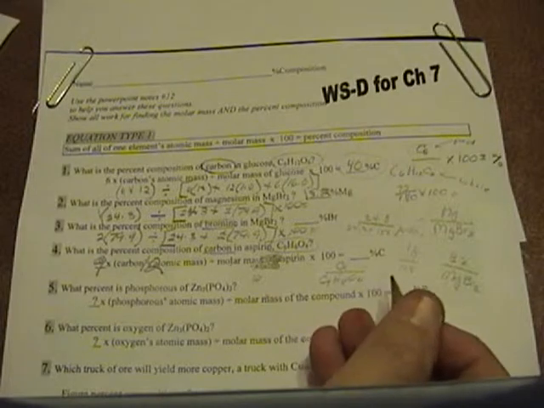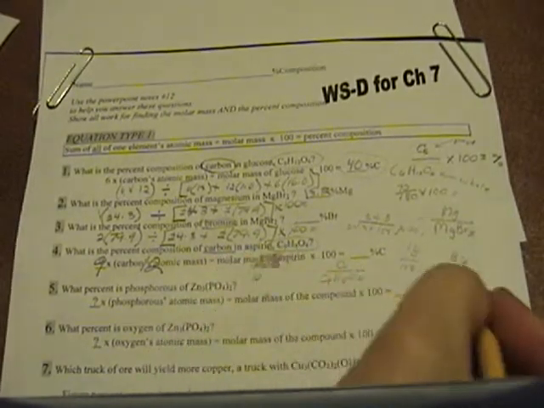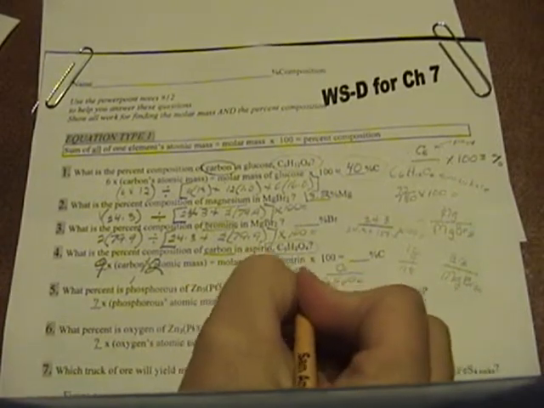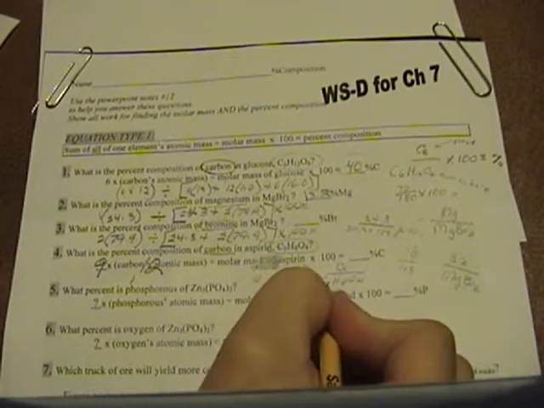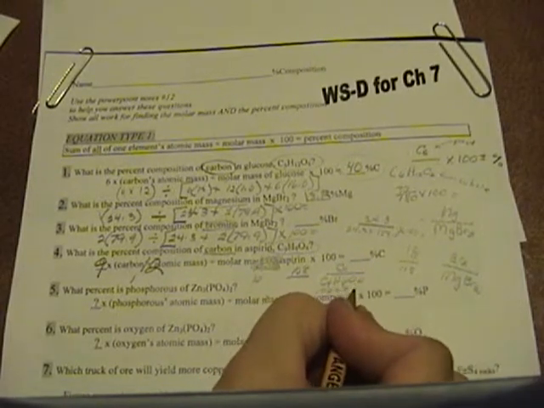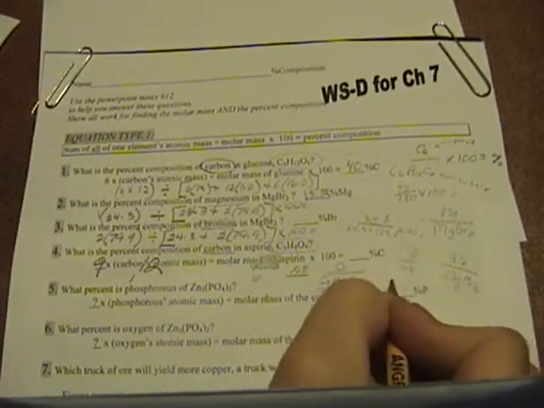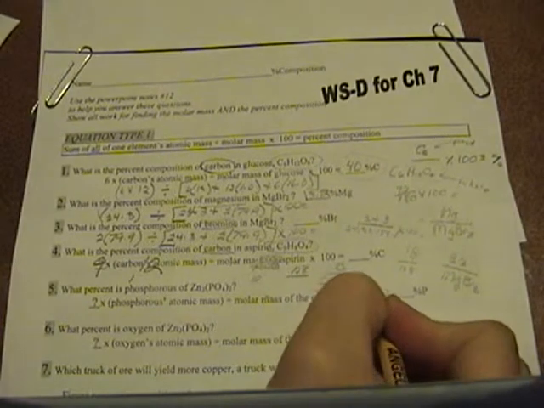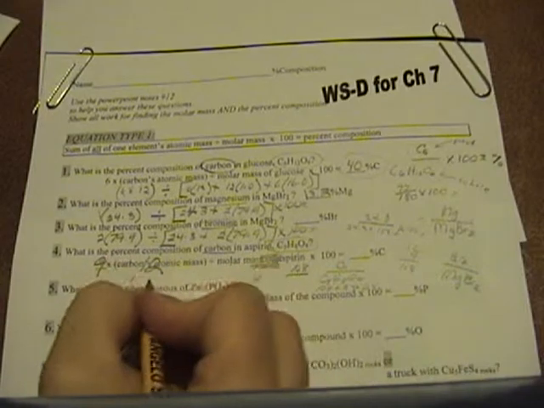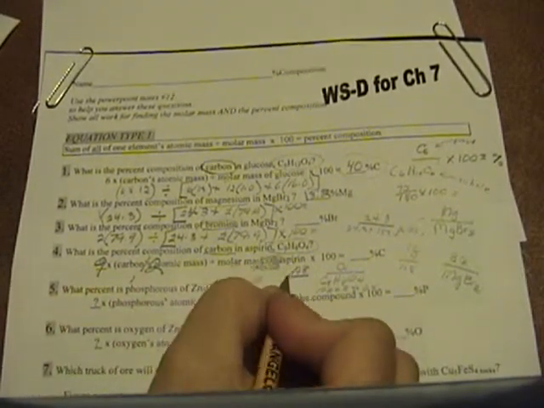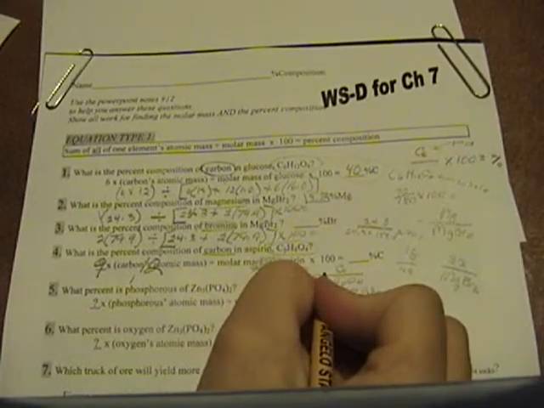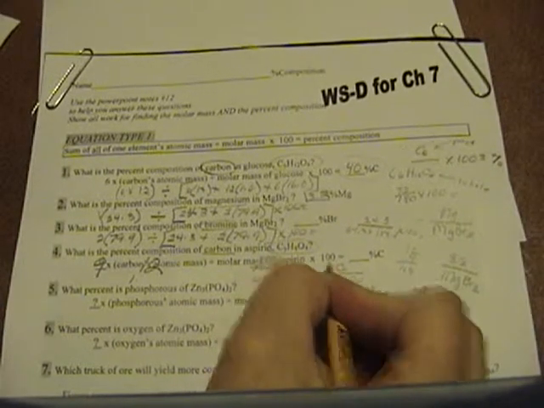I believe it's 180. So our numerator would be 108, and our denominator is 108 plus 8 plus 4 times 16, which is 64. That is 180. Okay. So 108 divided by 180 times 100. Alright, you can kind of see how that's going on.